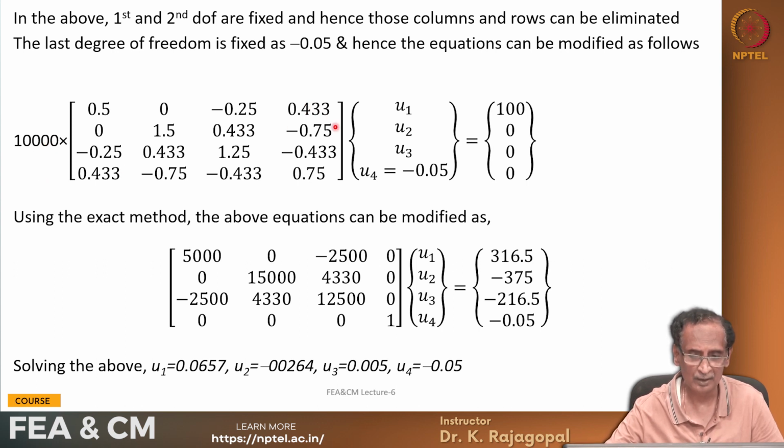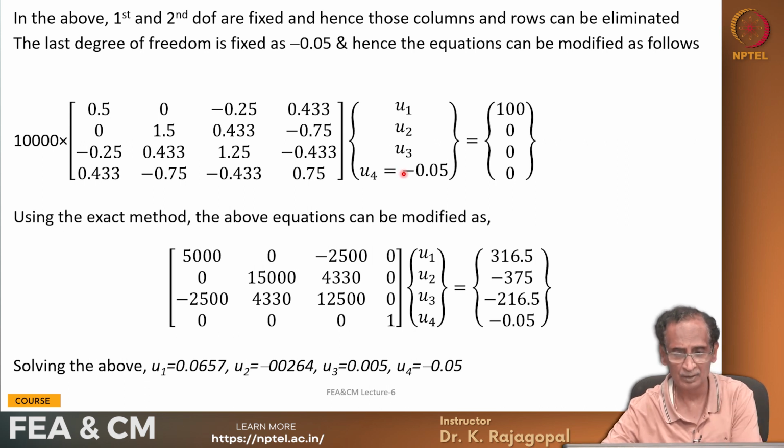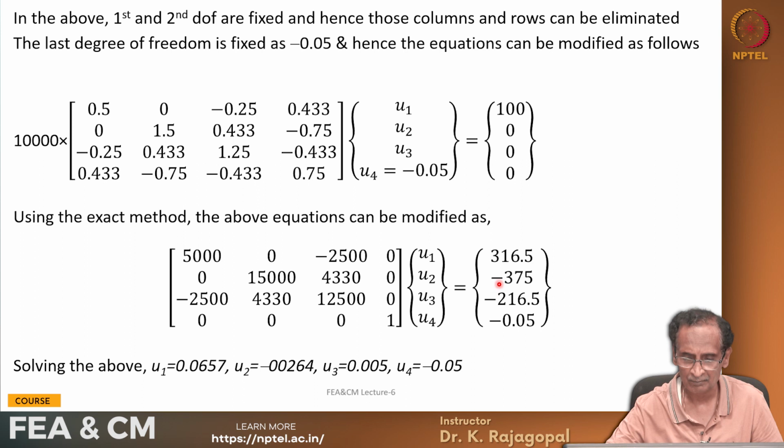10,000 times 0.433 times minus 0.05, and you send it to the right hand side, and since you already have a load of 100, you add it. Then in the second row also we have this quantity, and minus and minus is positive on the left hand side. When it goes to the right side, we get a minus 375. And the third row also the same thing, minus 216.5.